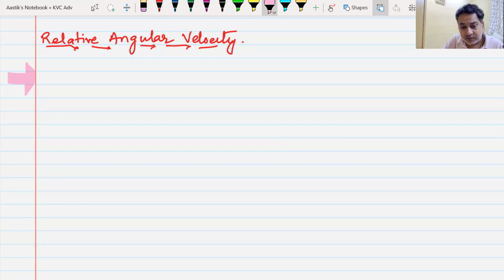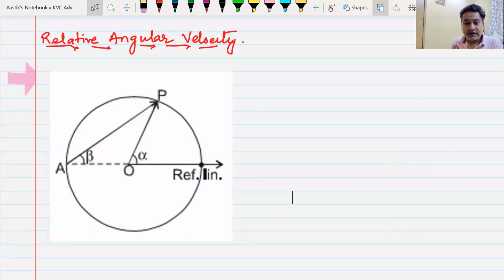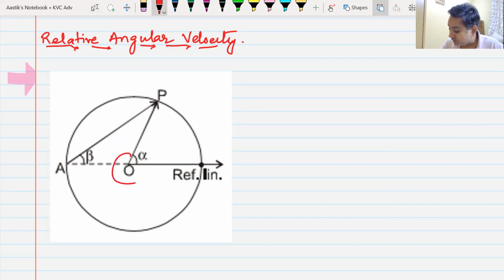See, they will give you a body which is moving in a circular path. The center of the circle, let us say, is point O, and they might tell you that it is moving with an angular velocity omega with respect to the center O. And then they might ask you what would be the angular velocity of this particle with respect to any point on the diameter of this line which is drawn parallel to this.